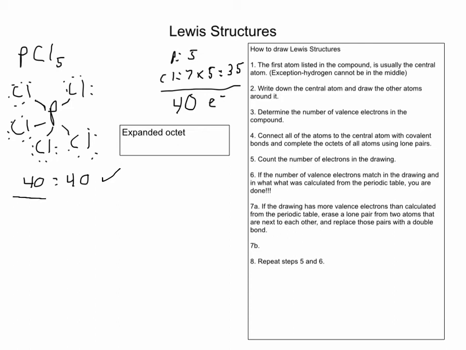The last example that I'm going to do with you is BrI5, bromine pentaiodide. In this case, bromine is going to be in the middle, with the 5 iodines around it.